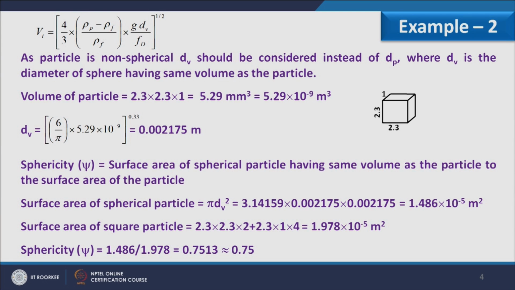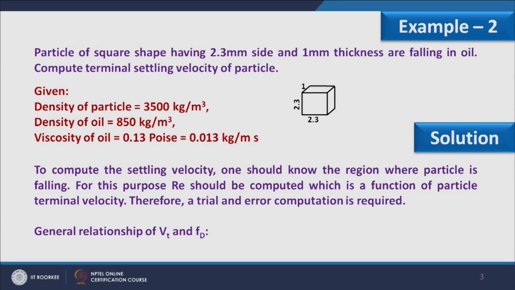Solving this, we can calculate dV as 0.002175 meter. If you remember the effect of particle shape on terminal settling velocity, along with dP we also need the sphericity of the particle, so that we can use the given chart of Fd and Reynolds number.